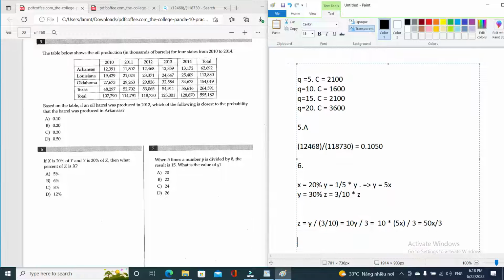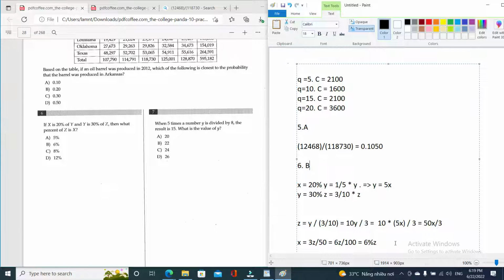So x is equal to 3z over 50. So that is 6z over 100. Right? So 6z over 100 means 6% of Z. So it's B. 6 is B. Good so far.